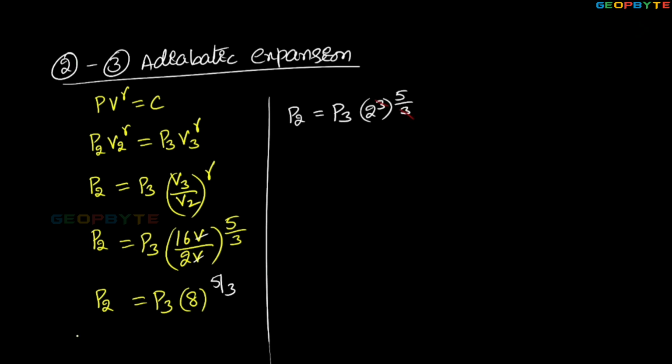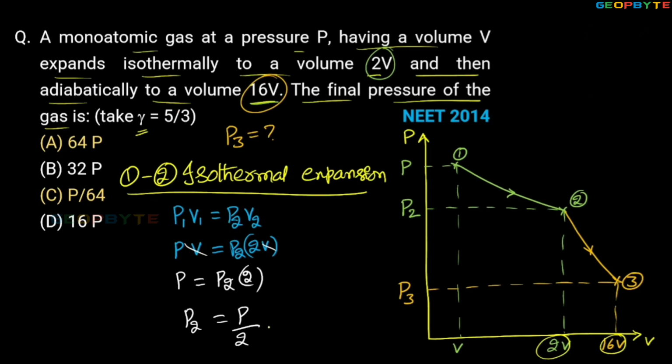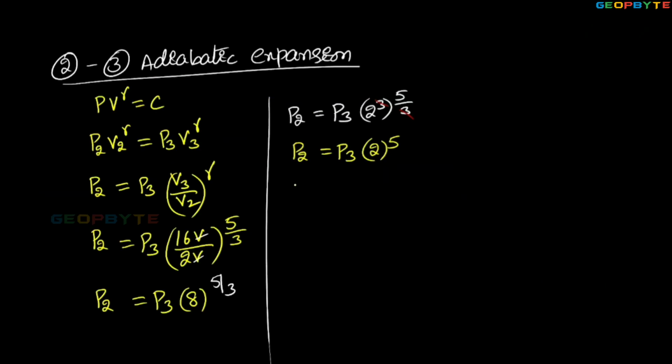Then P2 equal to P3 into 2 power 5, right? So what is the P2 value? Look at the P2 value. P2 equal to P by 2. P2 equal to P by 2 equal to P3 into 2 power 5. 2 power 5 means 2 into 2 into 2 into 2 into 2. 2, 4, 8, 16, 32.